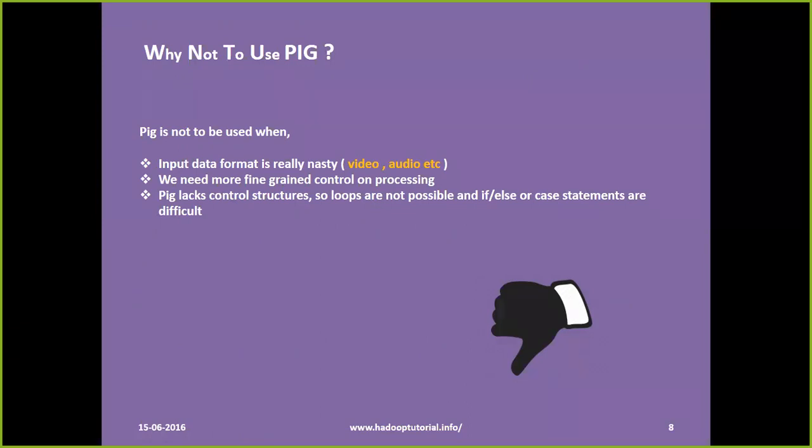And when we need more fine-grained control on processing, like the for loops I was talking about, Pig lacks control structures, so loops are not possible. And if-else conditions and case statements are also difficult. Like if-else conditions were not at all there, and case statements got recently introduced in Pig 0.14 onwards.